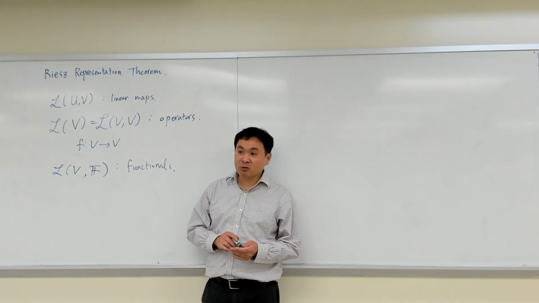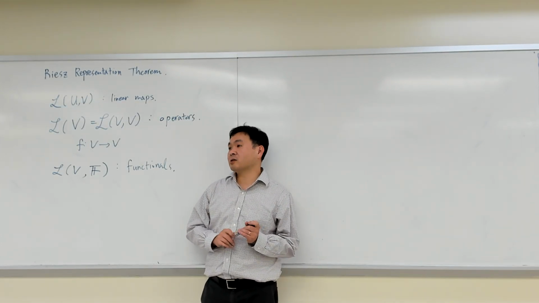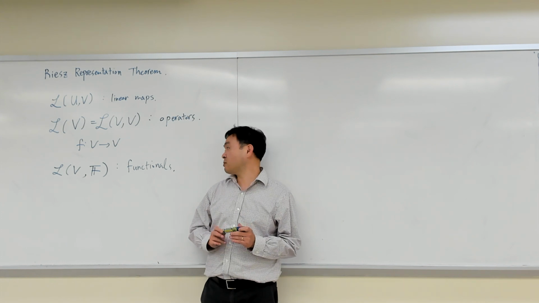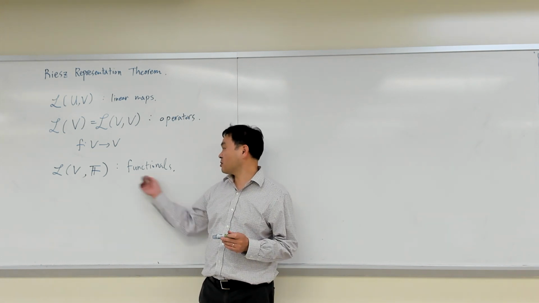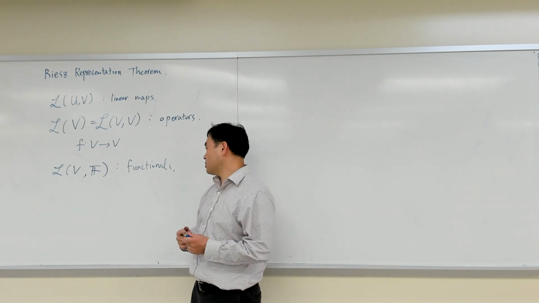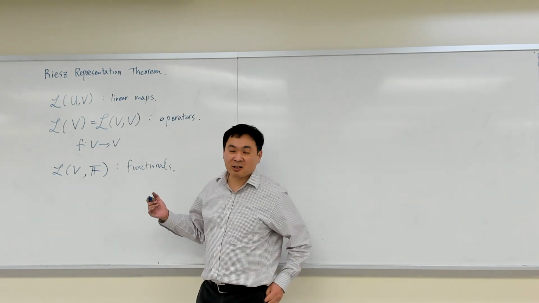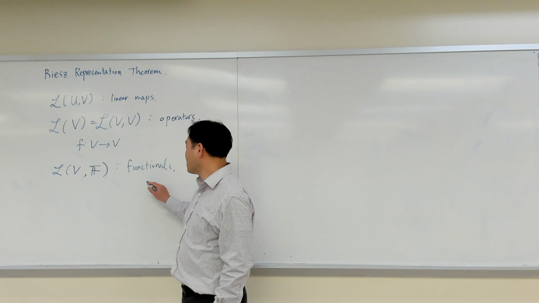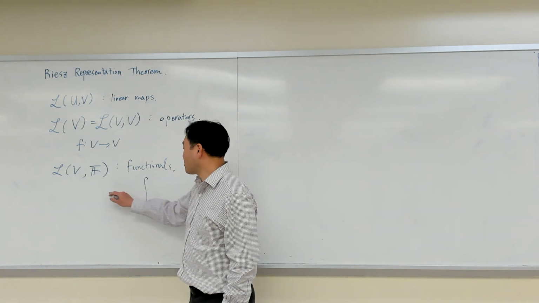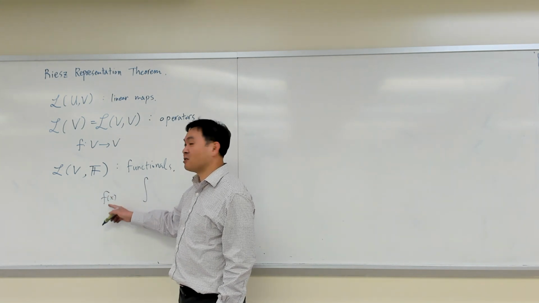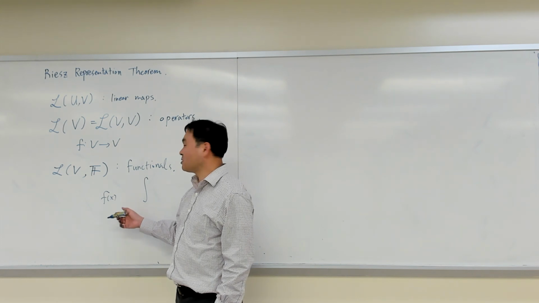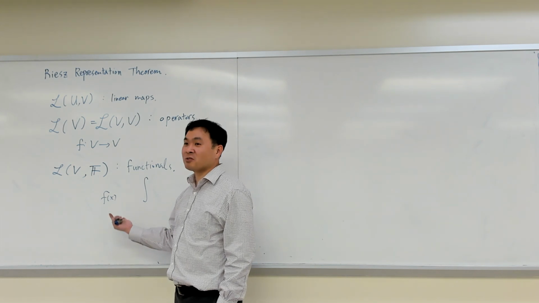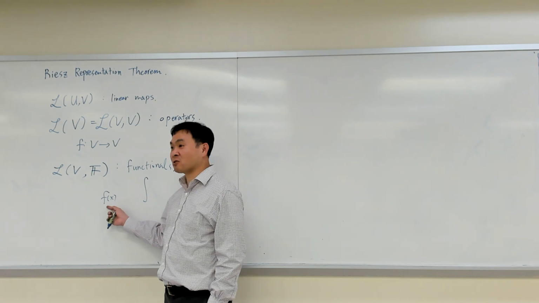In functional analysis, often the topic of interest is these functionals, where a lot of the functionals are integral functionals. Function spaces are usually infinite dimensional spaces where functions are vectors, right?